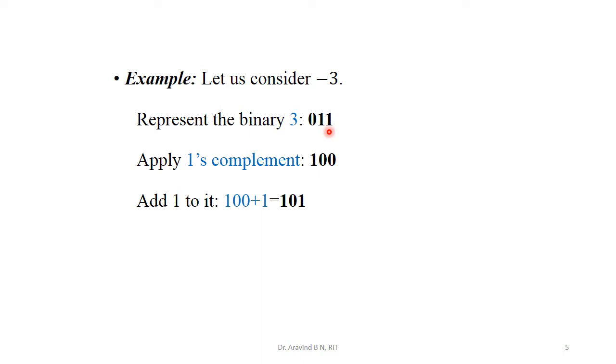Since this is a negative number, we must represent that in its equivalent 2's complement format. 2's complement is done by, first step, applying 1's complement to this data. We are going to get 1, 0, 0. To this, add 1. We are going to get 1, 0, 1. Now the value equivalent to -3 is 1, 0, 1.